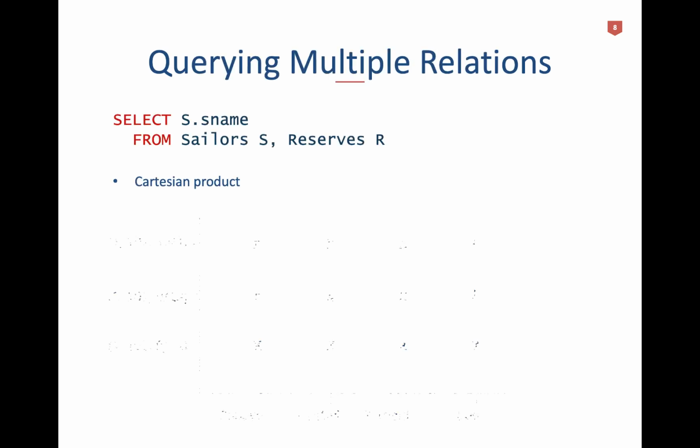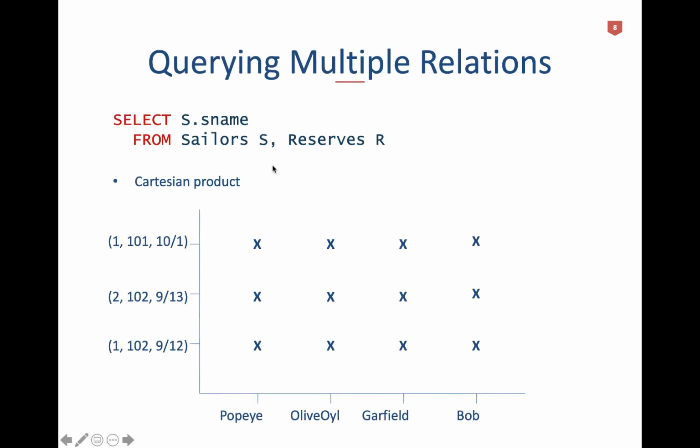So as we said, when you select from two tables, what you should think of is the Cartesian product of these two tables. Because we're only selecting s.name, here you have the s.name of sailors along with the reserves.